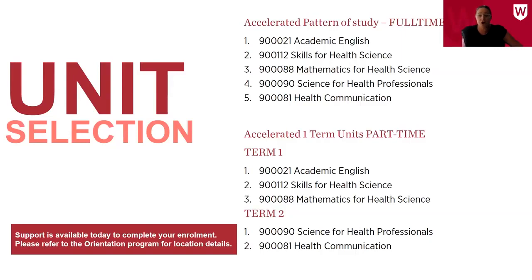If you withdraw from English, skills, or maths, then you will not be able to complete your course this year because those units are not on offer until this time next year, okay? So please make sure if you are wanting to go part-time that you withdraw from science and health communication, okay? And you can withdraw from those through My Student Records, okay? If you're not confident, send me an email around that as well.